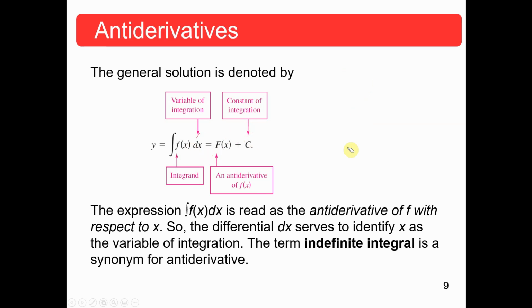So this is read as the antiderivative of f with respect to x. Yes, it is, but more often than not, you hear it just termed the indefinite integral. Now, notice that dx tells us the variable that we're integrating with respect to, or that we're antidifferentiating, right? So we know that our answer is going to have an x in it.